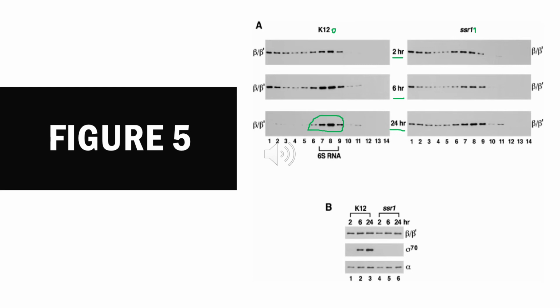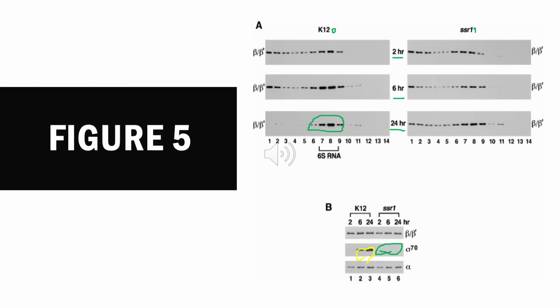By 24 hours, comparing the two, it's basically just that 6S RNA that we're seeing in the K12 cells, which confirms what we just saw in our last figure, that it's accumulating very highly and is pretty much by itself at that point of the stationary phase. But in the SSR1 cells, RNA polymerase is present in all the phases, but it's not shifting to 6S RNA like it is in the K12 cells.